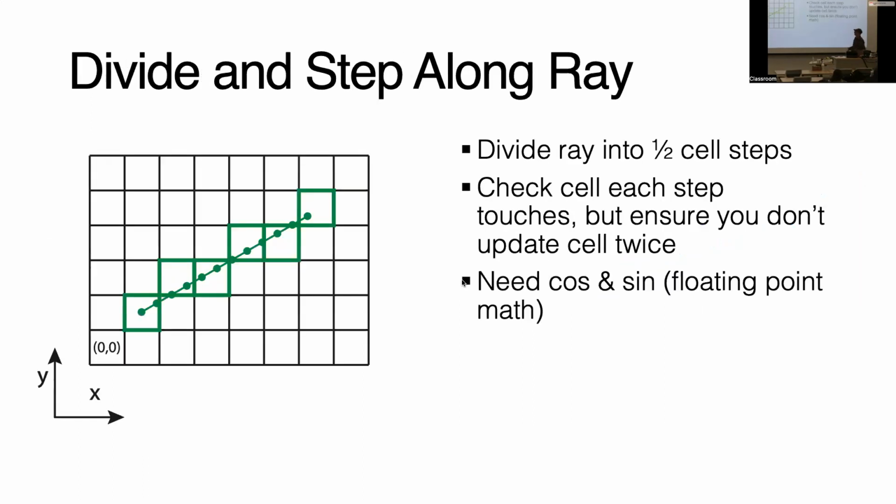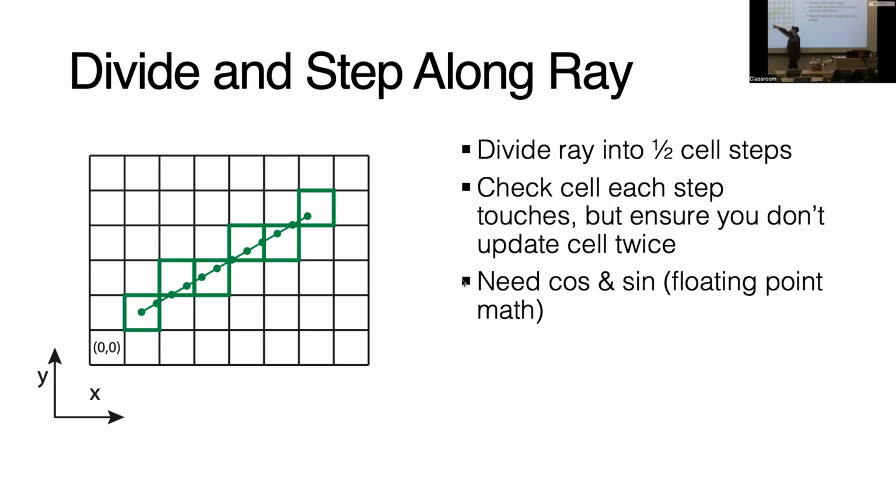All right, so we have stub functions, empty functions for you to do the update of the ray, right? And there are two ways to think about this. One is you can divide and step along the ray. So you figure out the direction the ray is going and you step about a half cell width along and check which cell that point ended up in.